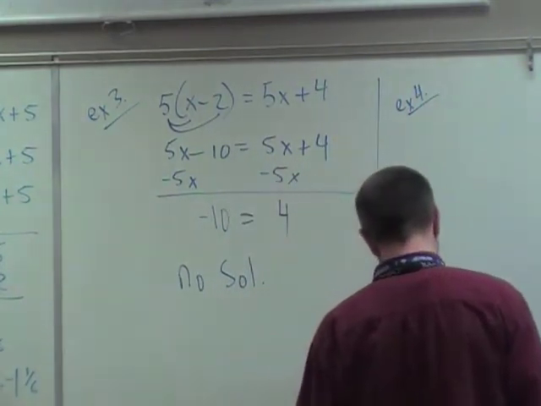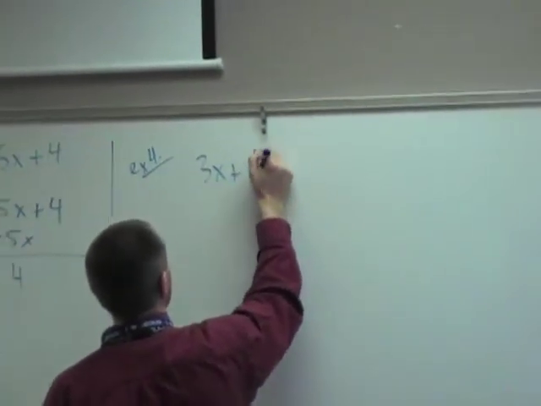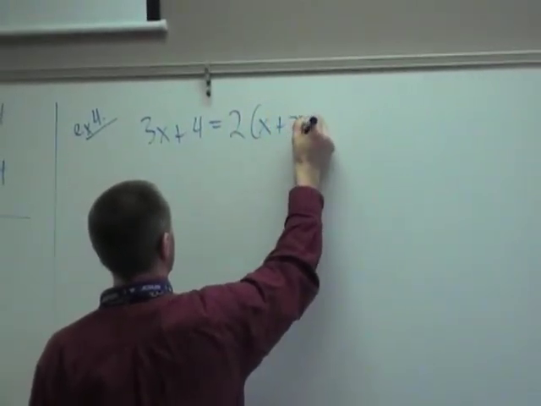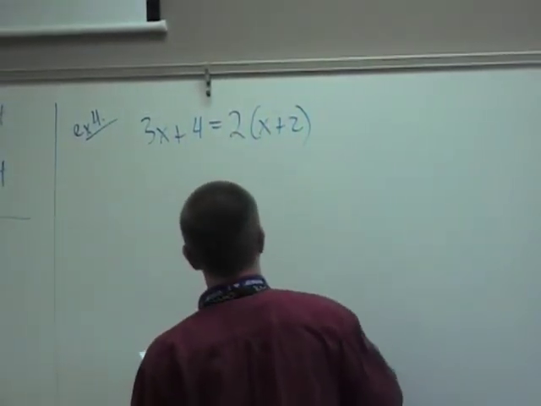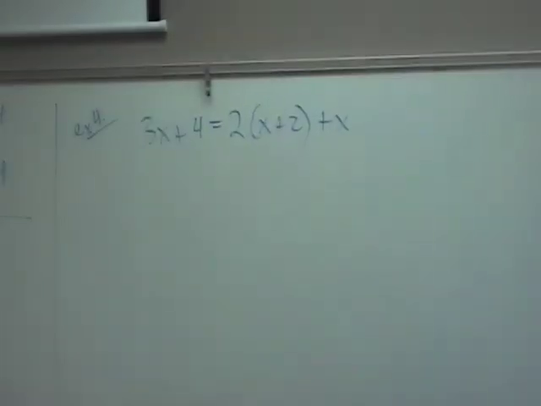Alright, let's take a look at another one here. 3x plus 4 equals 2 times the quantity x plus 2, quantity closed, plus x. Everybody work this one out. Do one side at a time. Follow your steps.